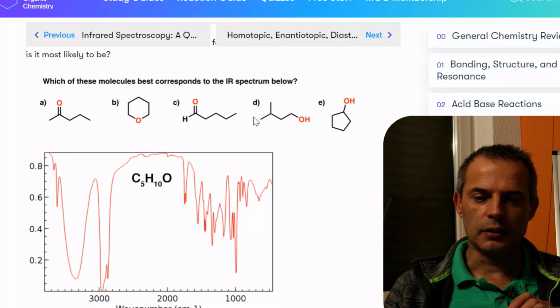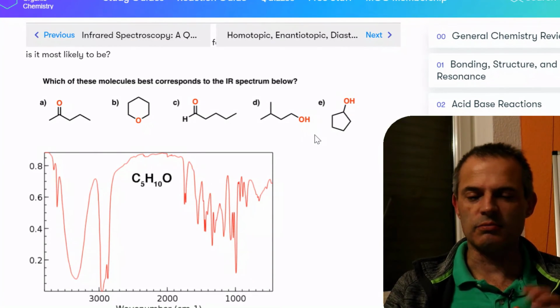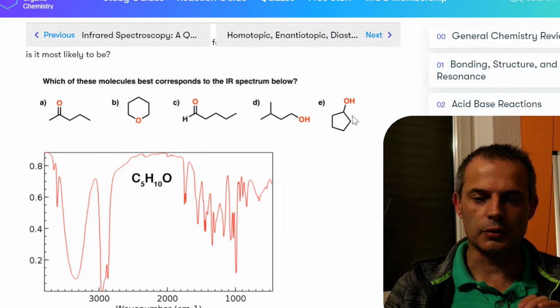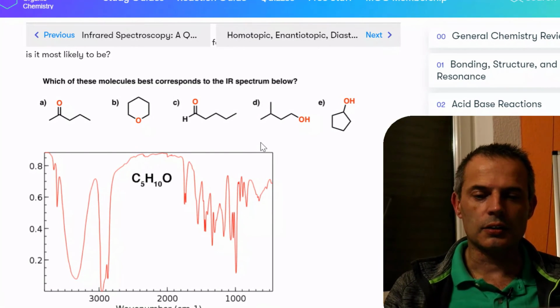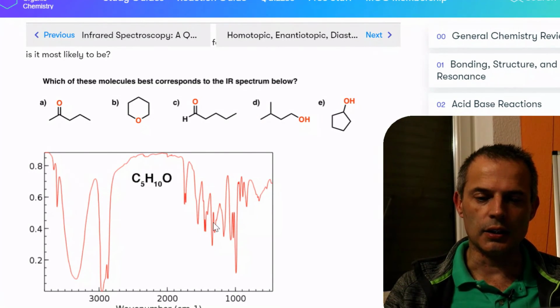Unfortunately, from D and E, we have little choice, because we've got this one which only has CH2s in it, and this one which has 2 CH3s in it and 1 CH2. Oh, it has 2 CH2s. So it probably is E from that. That's giving us a suspicion. Let's have a look at the other things.